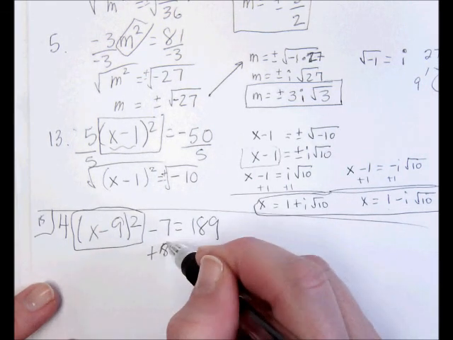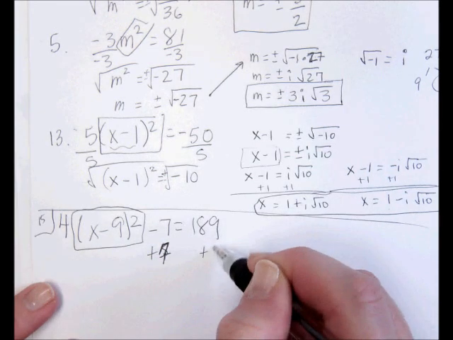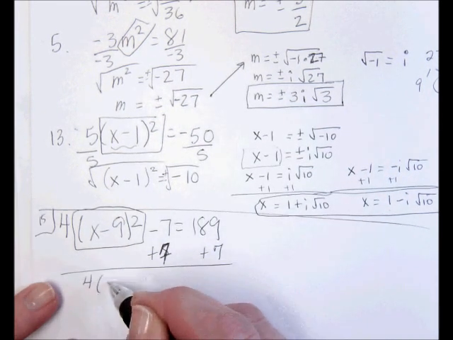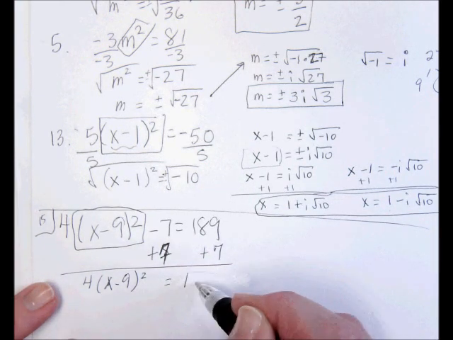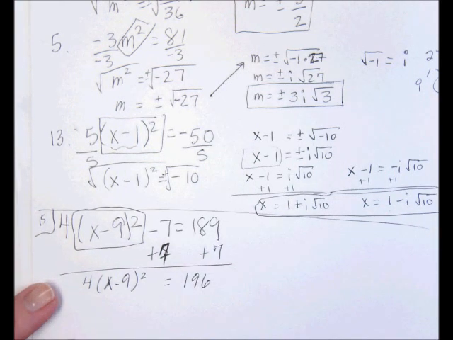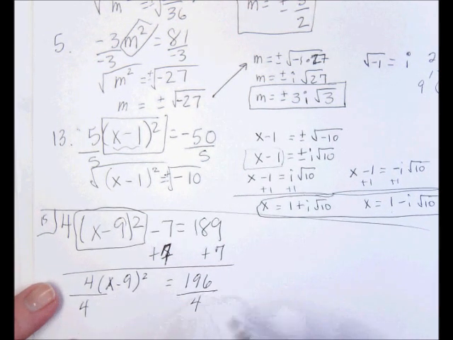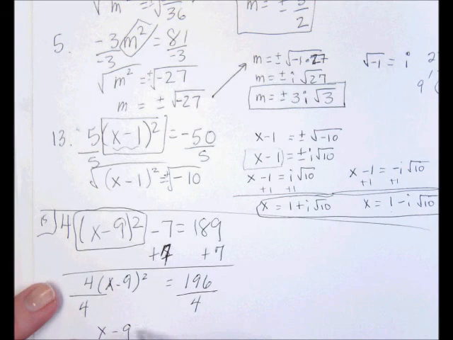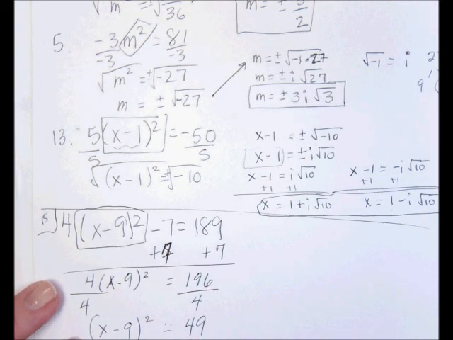So instead of subtracting 7, I'm going to add 7. So I now have 4 times x minus 9 squared is equal to 196. My next step here is I get rid of multiplying by 4, so I divide by 4. So x minus 9, quantity squared, is equal to 49.